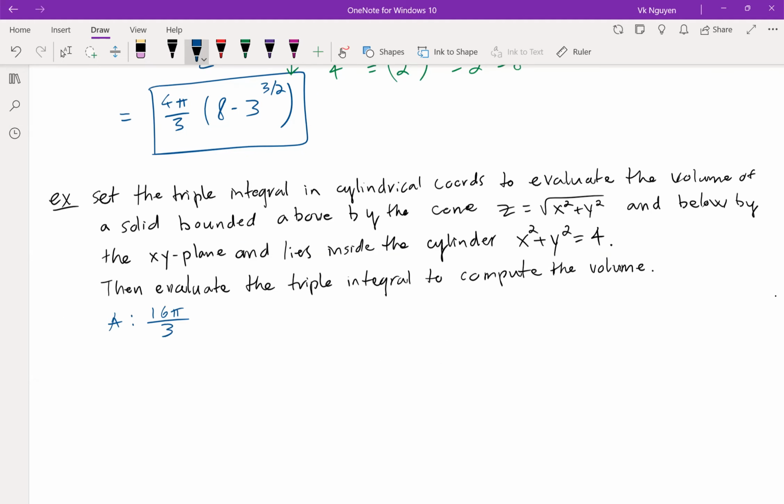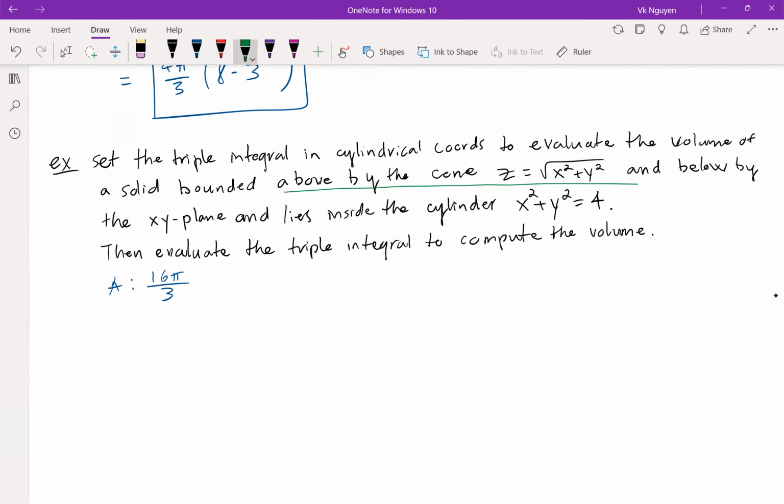You can set this thing up real quick right here. Z is between 0 and root of x squared plus y squared, which is just r. So when you do the setup, you can see the z right away.